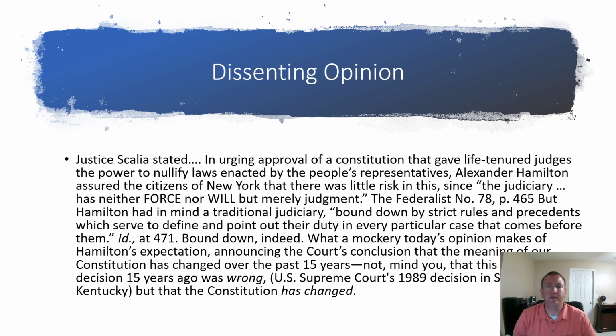See, they were worried that giving this much power to people who serve for life on the Supreme Court, the power to nullify laws by the people that were voted to represent the people, was just too much. And his argument was that it's not too much. It's okay, because the judiciary has neither the power of force or will, but merely of judgment. This was found in Federalist number 78.